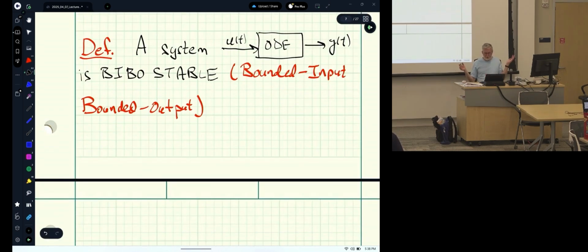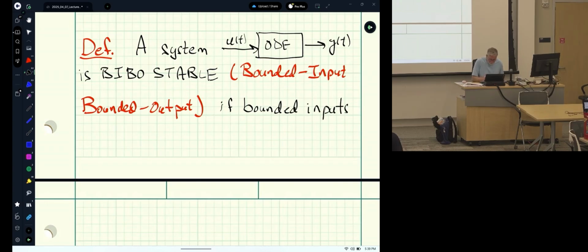And it's almost going to be like an oxymoron, okay? Or a platitude, or an obvious thing. If, whenever U is bounded, we always have Y bounded, okay? If bounded inputs always produce bounded outputs. That's why the name, okay?